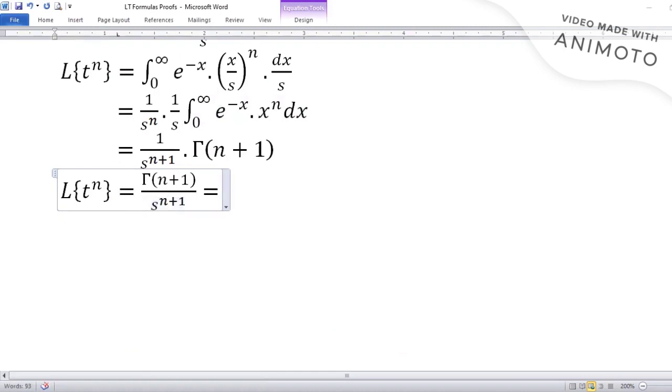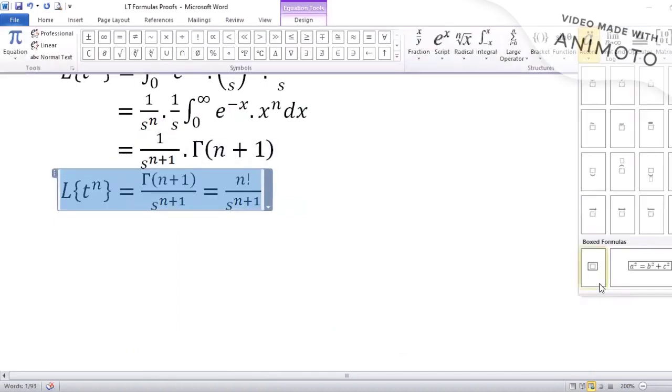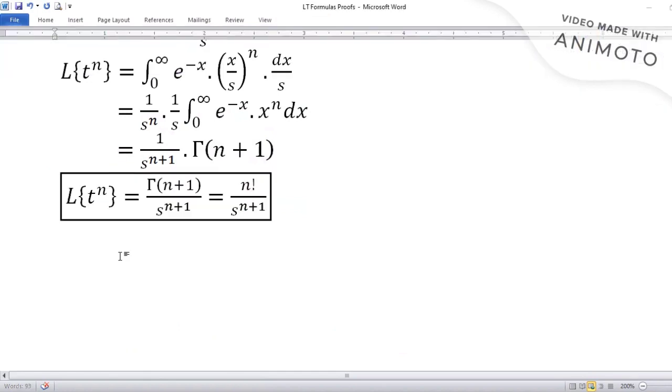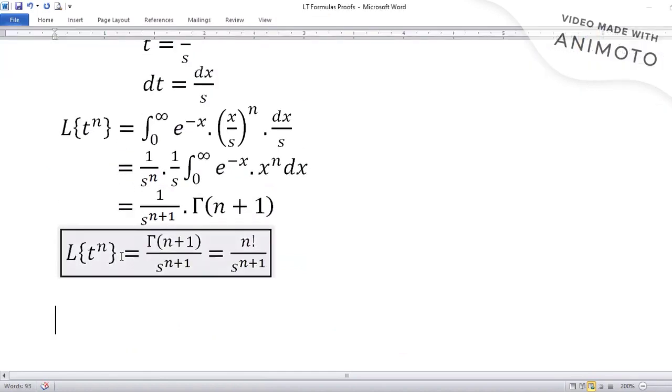Also, gamma n plus 1 can be written as n factorial, over s raised to n plus 1. So both ways can be written, as a gamma function or as a factorial. So these are all the 8 formulas of Laplace we have learned.